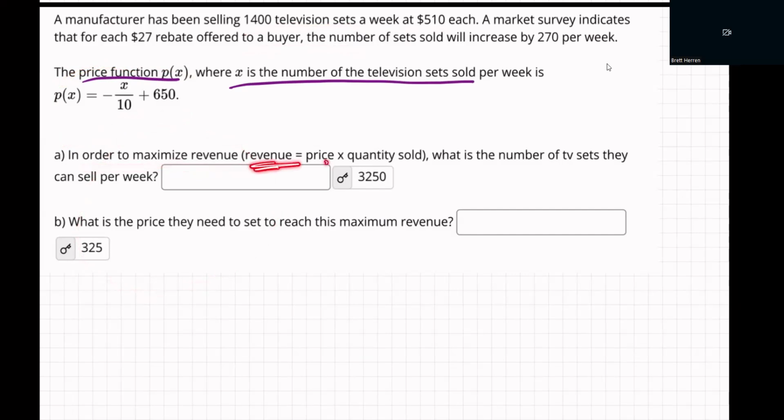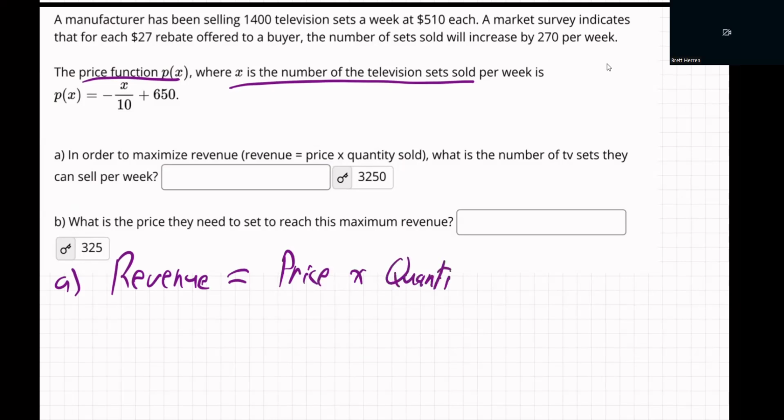Now let's use that to maximize revenue. Revenue is price times quantity sold, right? Revenue is the total amount of money you take in. So let's write that down. I'm really doing part A here. Revenue is price times quantity sold.